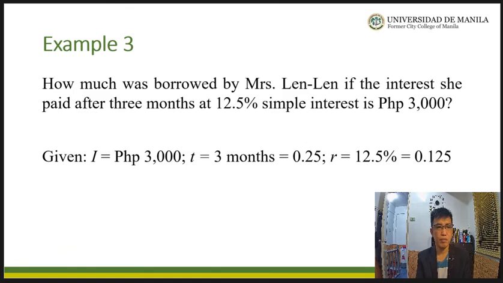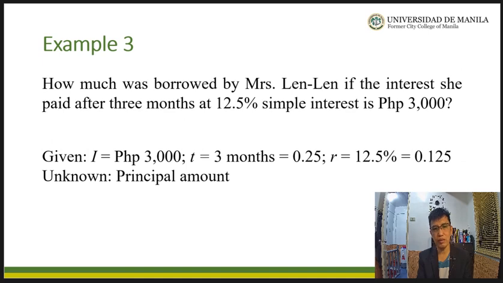So the given would be the simple interest amounting to 3,000 pesos. And our time here is 3 months, which is equivalent to 0.25 years. Okay. And then the rate of interest is 12.5%, which is equivalent to 0.125 in decimal form. And what is unknown here is the principal amount.